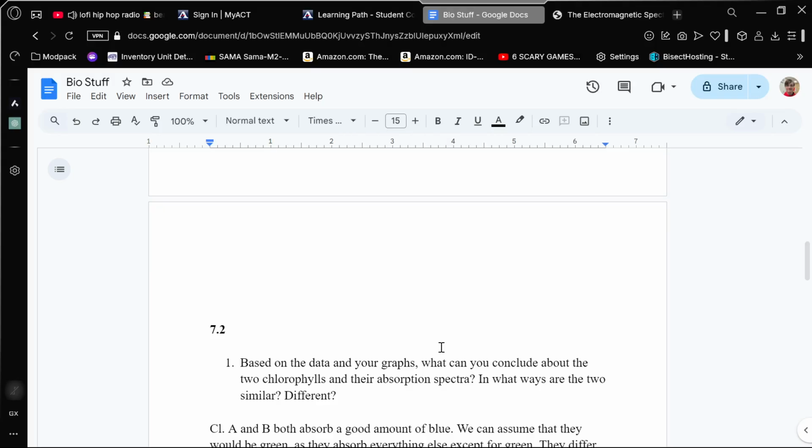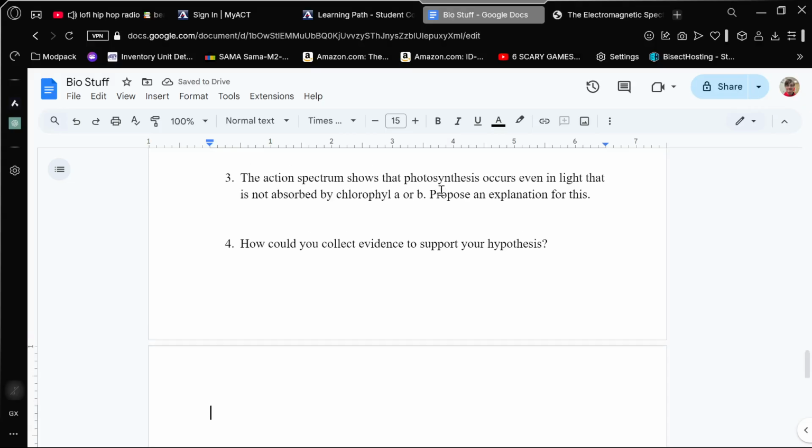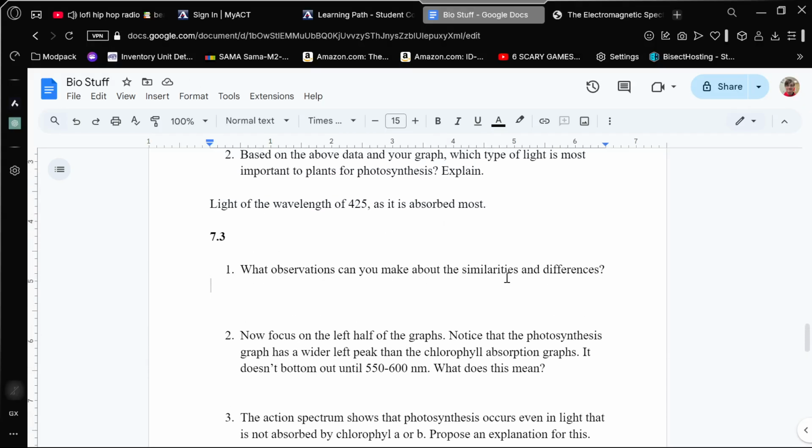Worksheet 7.3. I didn't think that we'd get done this early. So, what observations can you make about the similarities and differences?